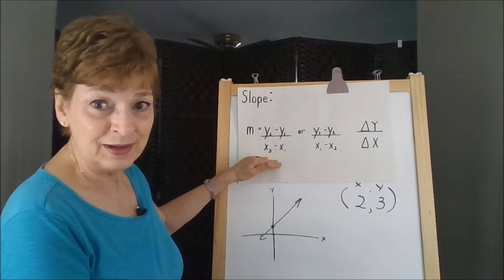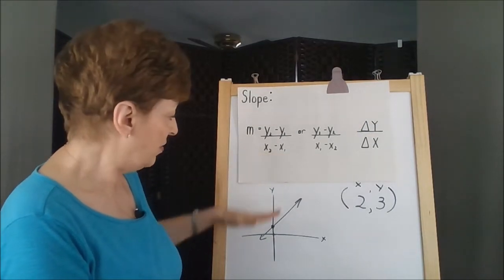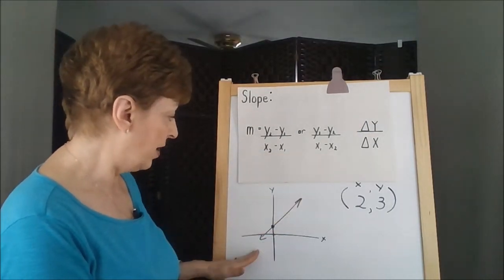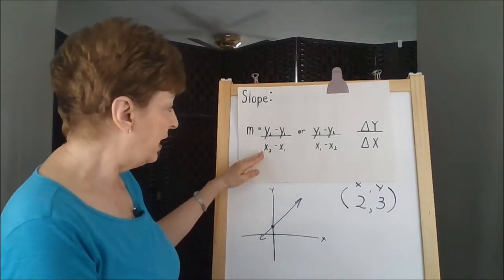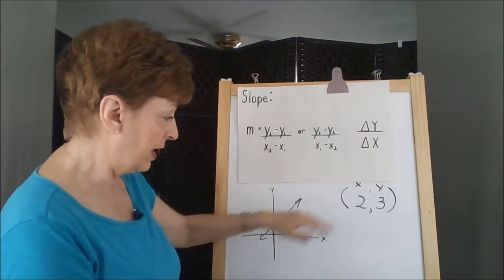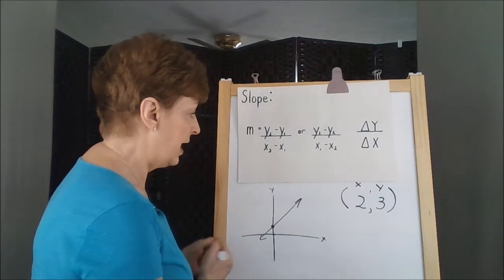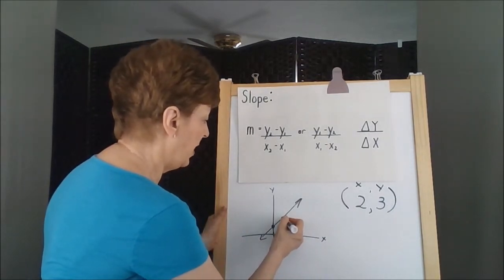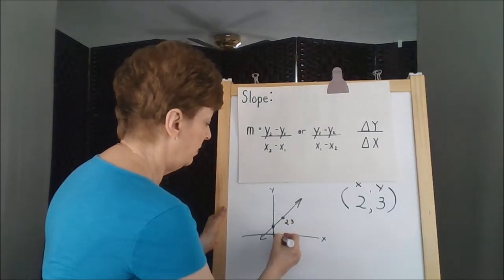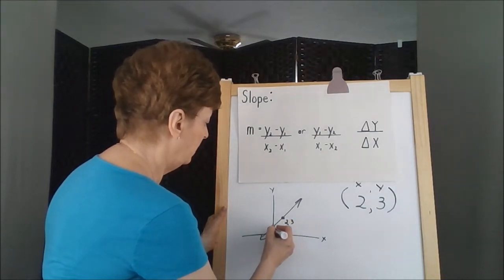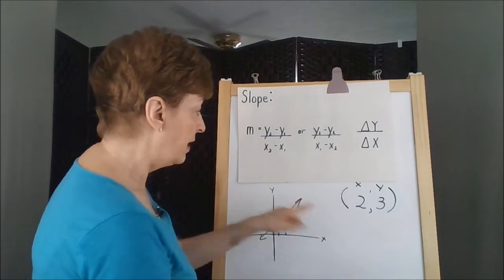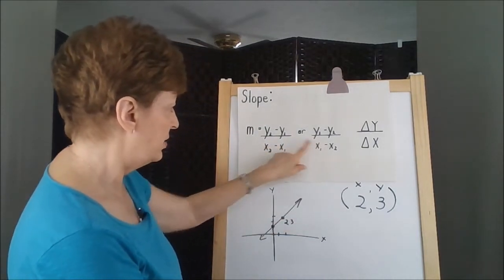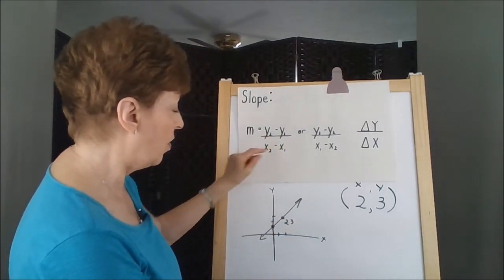Now this formula we're going to use in order to tell the slope of this line. All we need are two separate points. So we've already got our first point here as 2, 3. That's approximately there, 2, 3. And then we're going to need a second point to do these x2s and y2s.